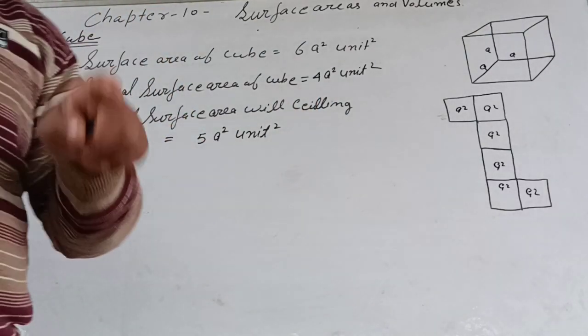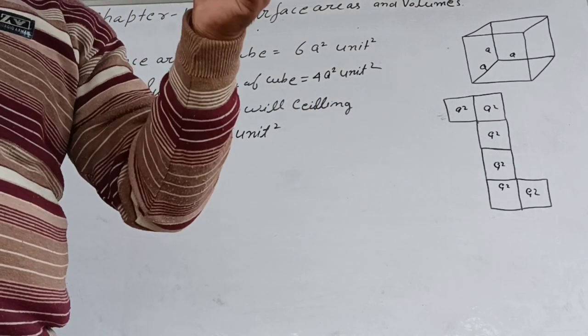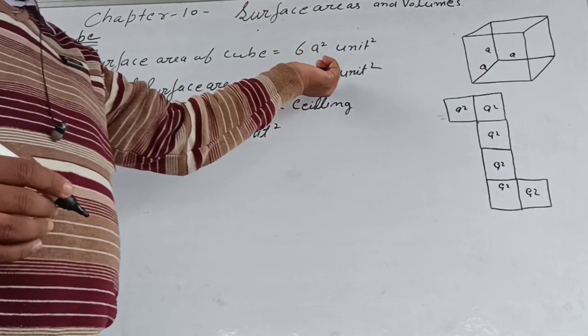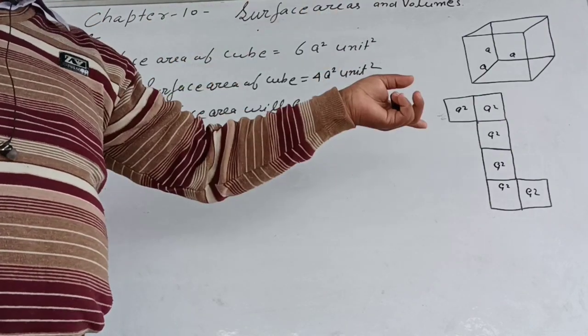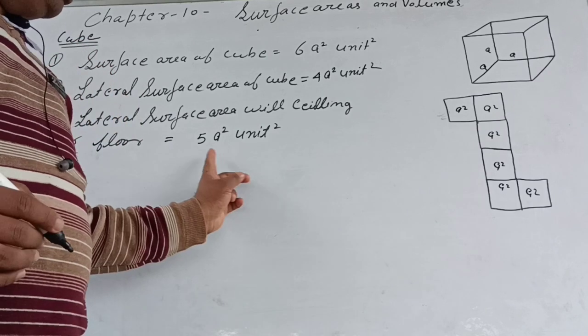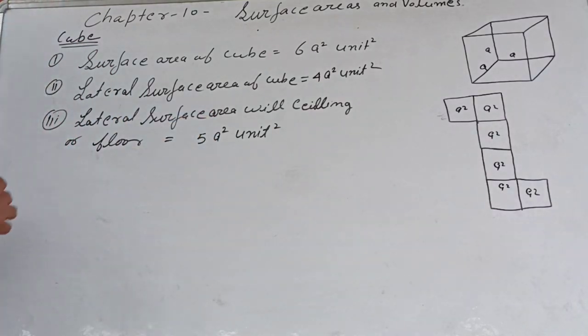We add the area of floor or area of ceiling to the 4A square lateral area. So the total is equal to 5A square.